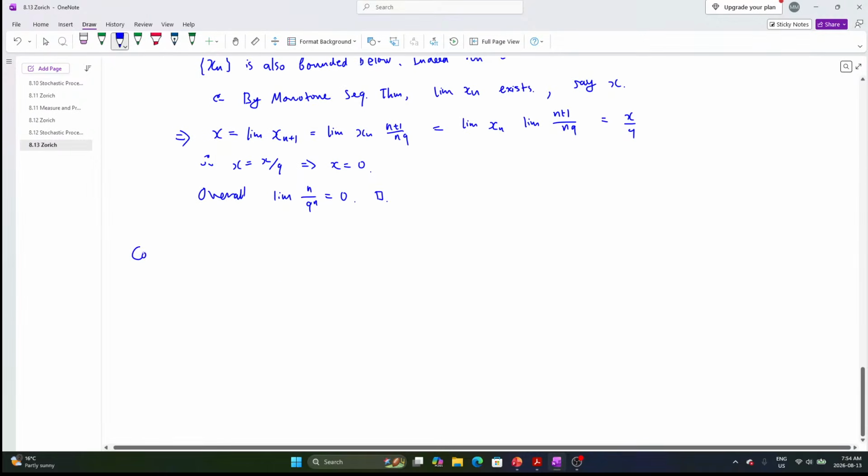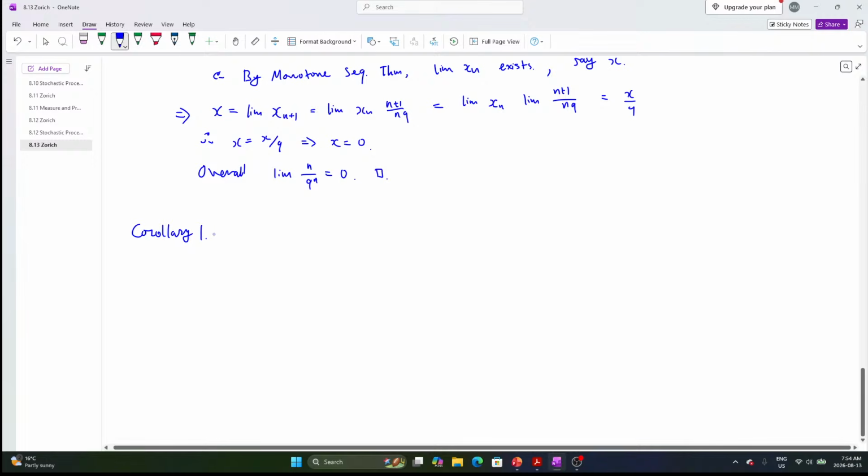This is called a corollary in Zorich. So I suppose it should follow from the previous result or examples rather quickly. This is a very useful result. It says the limit of the nth root of n is 1. This will be used quite often in, for example, the root test in series.